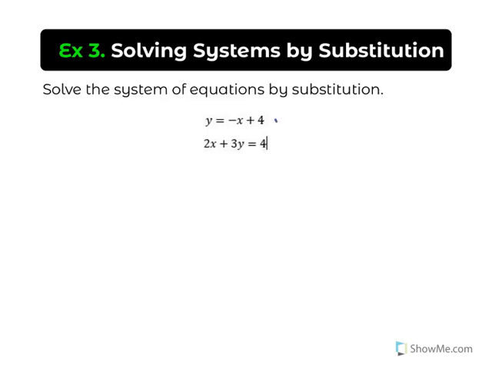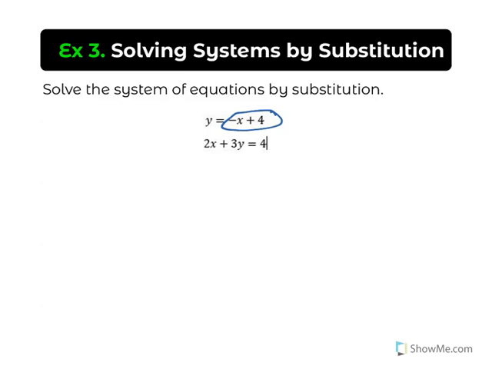Remember that one of your two equations needs to be solved for a variable. And look at that. Today, one of your equations is solved for a variable for you. So we already know what y equals: y equals negative x plus 4.